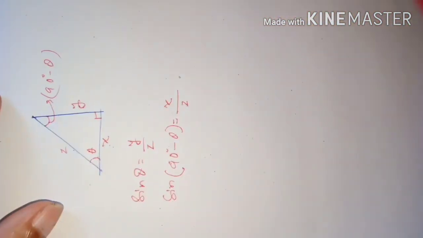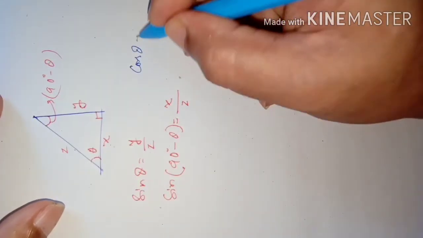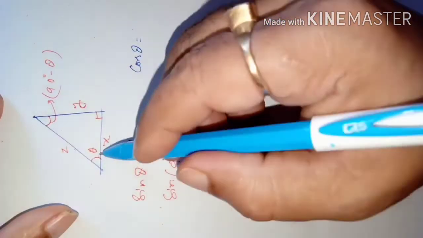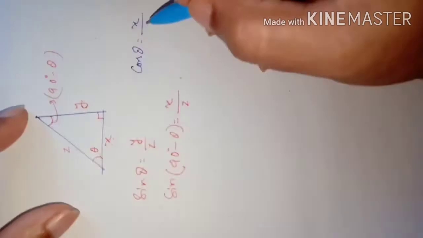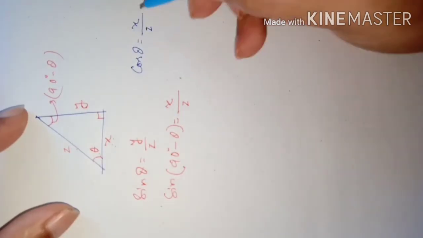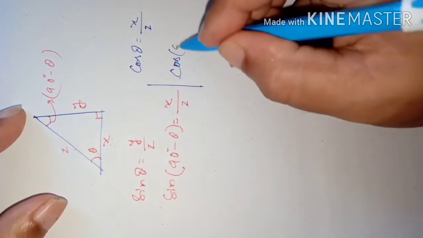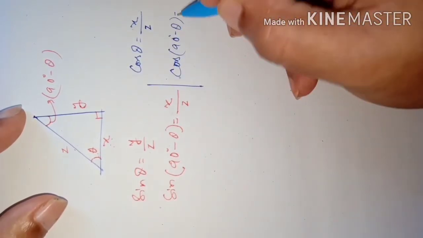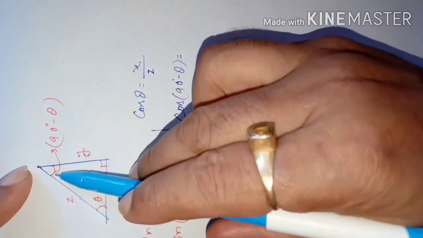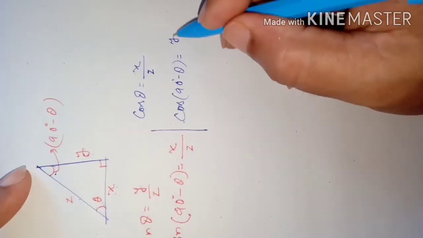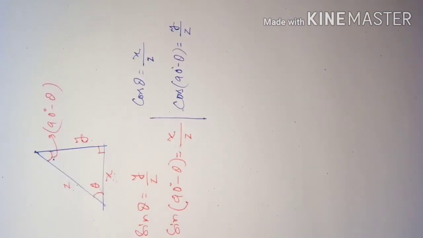Now in the same right triangle, when I write cos theta, I write base over hypotenuse. For theta, the base is x and the hypotenuse is z. And cos of 90 minus theta is again base by hypotenuse; for 90 minus theta, the base is y and the hypotenuse is z. Dear students, look at these results.